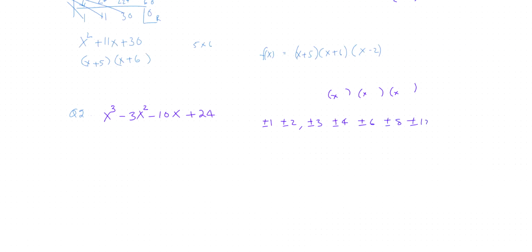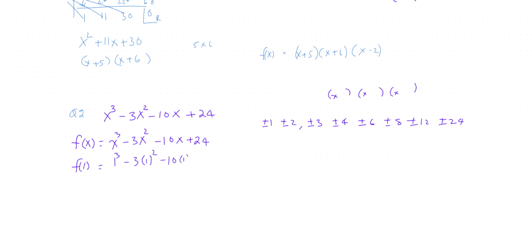So first we try 1. f of x equals x cubed minus 3x square minus 10x plus 24. So we try 1 first, and f of 1 equals 1 cubed minus 3 times 1 square minus 10 times 1 plus 24.